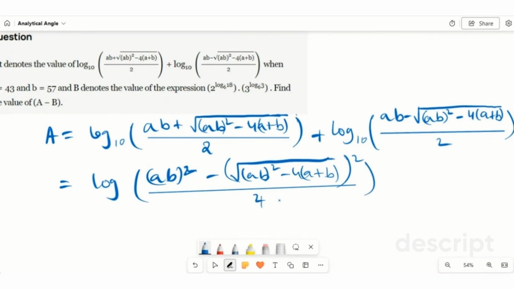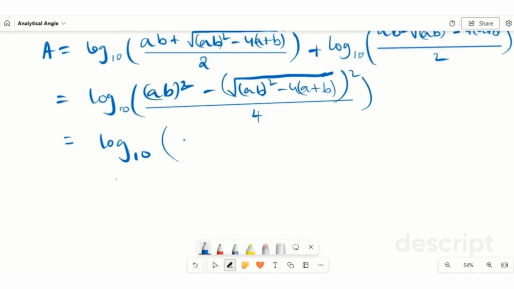So this is equal to log of AB whole square minus AB whole square plus 4 into A plus B, entire thing by 4.